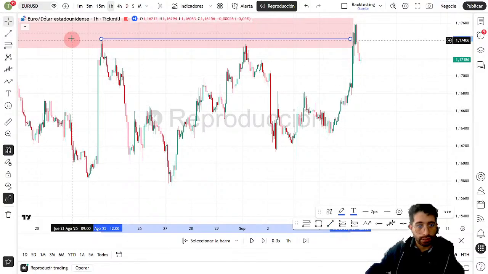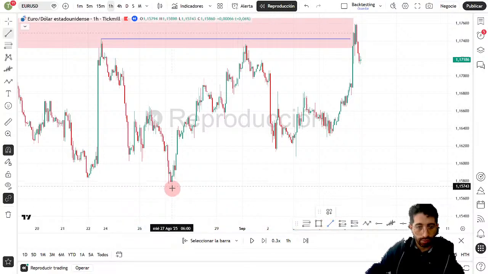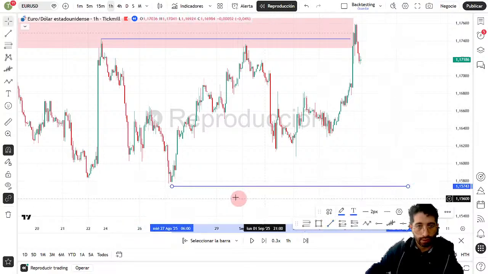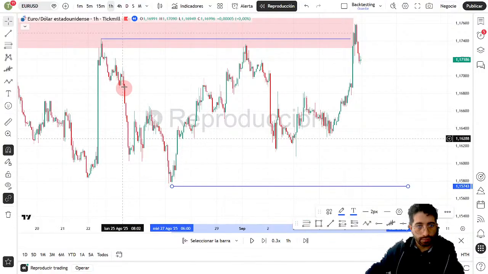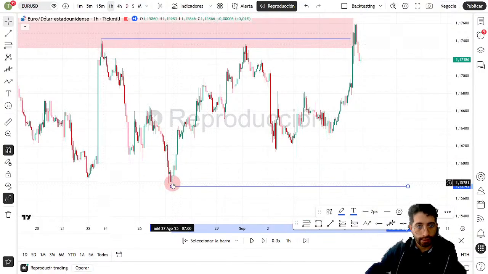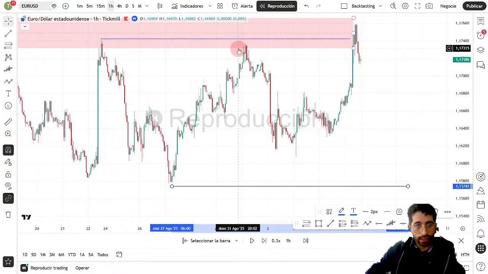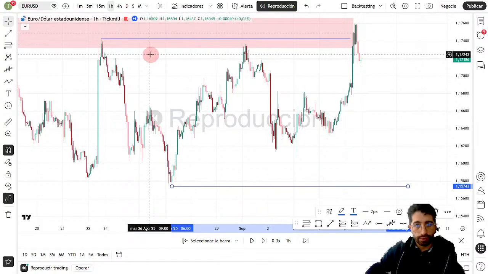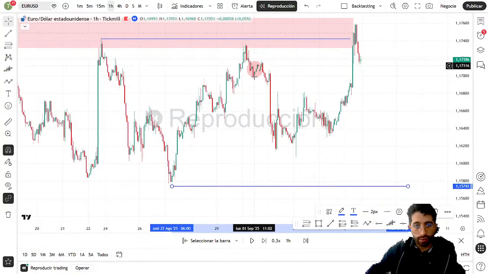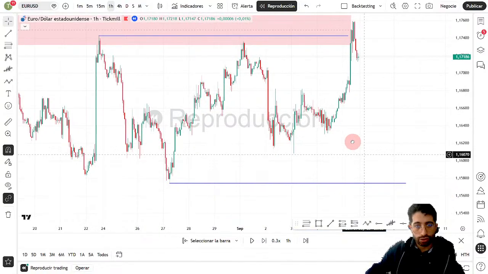Alright, so this is the higher high, and then we have the lowest low, which is this one, right? Perfect. What happened after this? After having this high and this low, the price kept pushing up, reacted in the supply area, which is this red area, went down, but it never broke, it never continued with the downtrend.